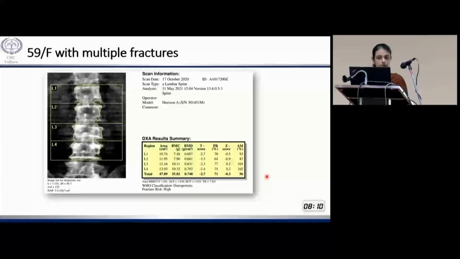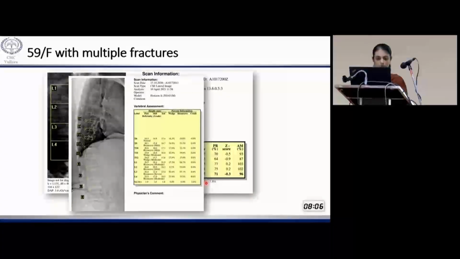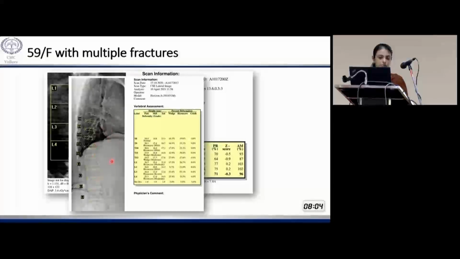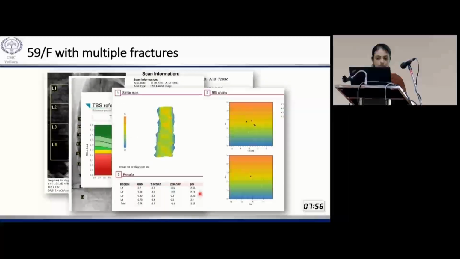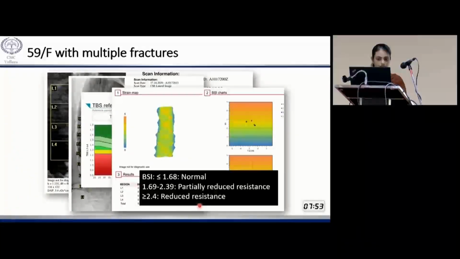So in this lady with multiple fractures who had osteoporosis based on BMD, this is her vertebral BFA, which I will come to later. She had fractures. Her TBS was 1.09, which was low, and her bone strain index was 2.58. So anything that is 1.68 and less is considered normal.